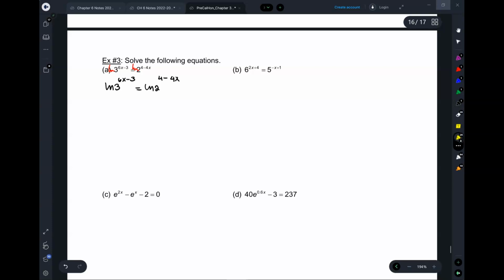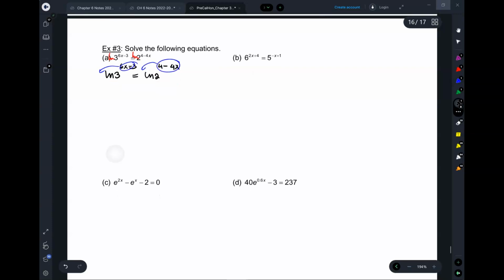But what did we learn about exponents is they can come down and become coefficients, right? So this becomes 6x minus 3 ln of 3 equals 4 minus 4x ln of 2. Don't forget the parentheses.